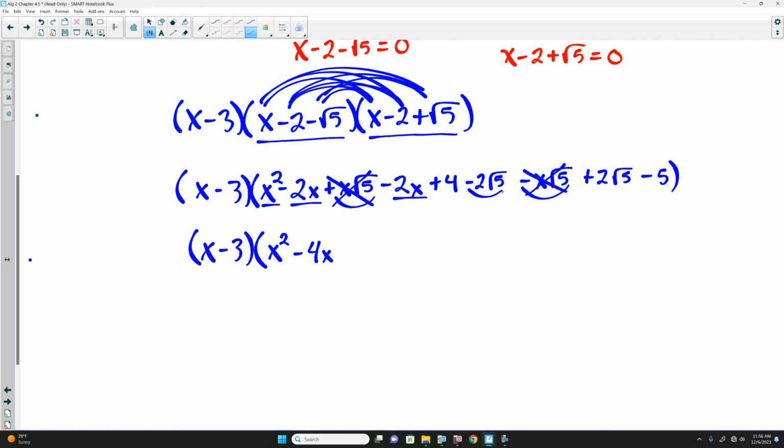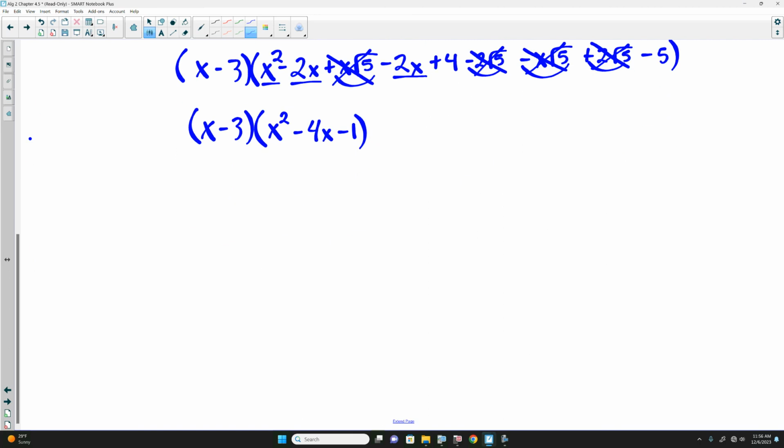Negative 2 square root of 5, positive 2 square root of 5, those are both 0, which leaves us with 4 minus 5, which is negative 1. So all that became x squared minus 4x minus 1. That's why we do those first, because if there are radicals, any of the radicals are going to cancel out.